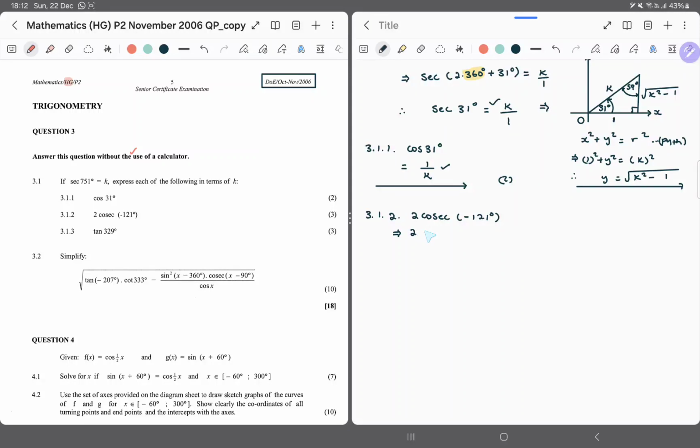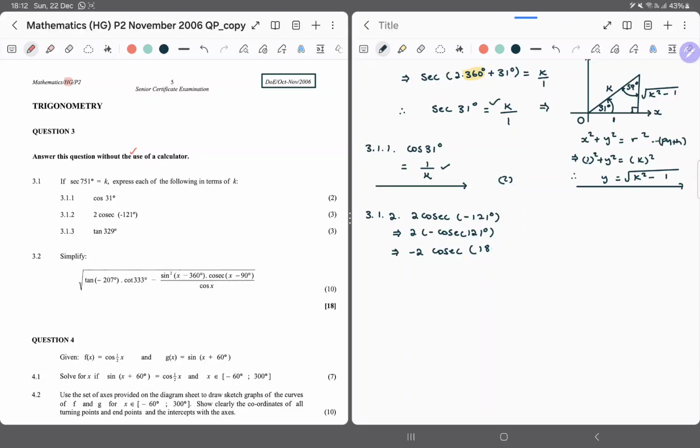For me, this is going to be 2 into minus cosec of 121 degrees. Great. And then when we expand this out, this is going to be minus 2 cosec. Now 121 is a big angle. We need to reduce it. So this is in the second quadrant now.